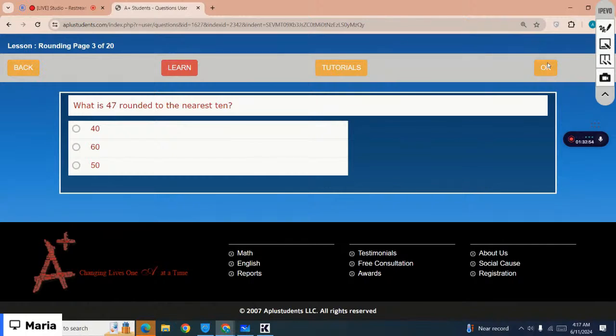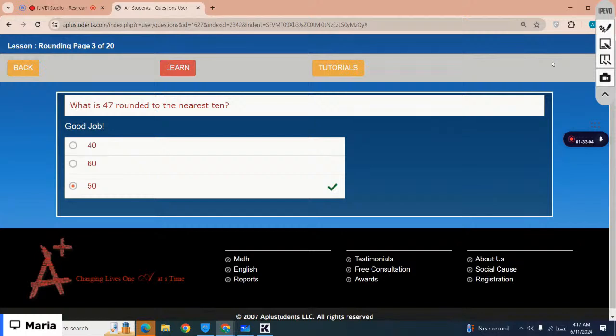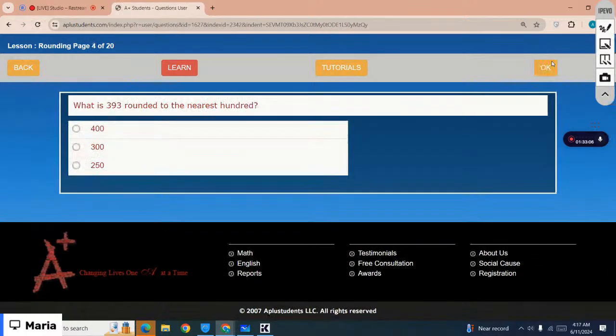Yes, 50 it is because 47 is close to 50. The correct option is 50. What is 393 rounded to nearest 100? Which is the correct option?